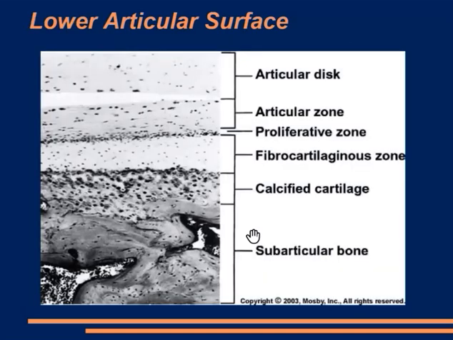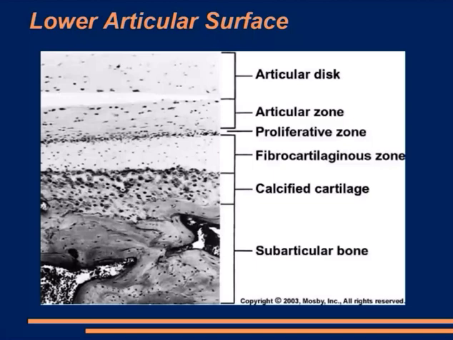Here is all of the lower surface, starting from the articular disc, the lower synovial cavity, and the four layers covering the bone of the condyle.